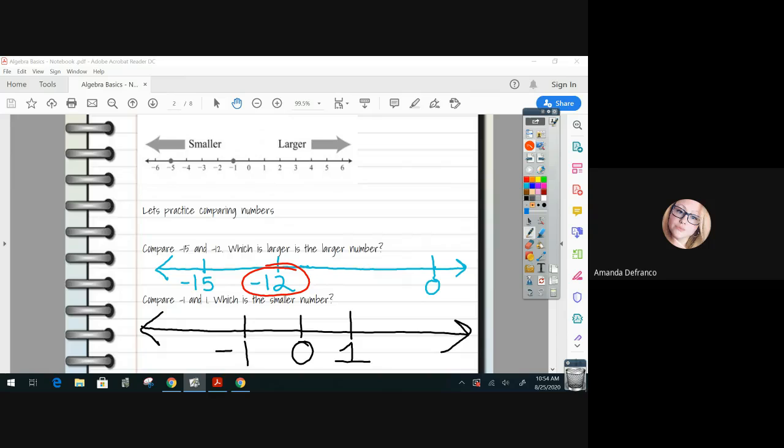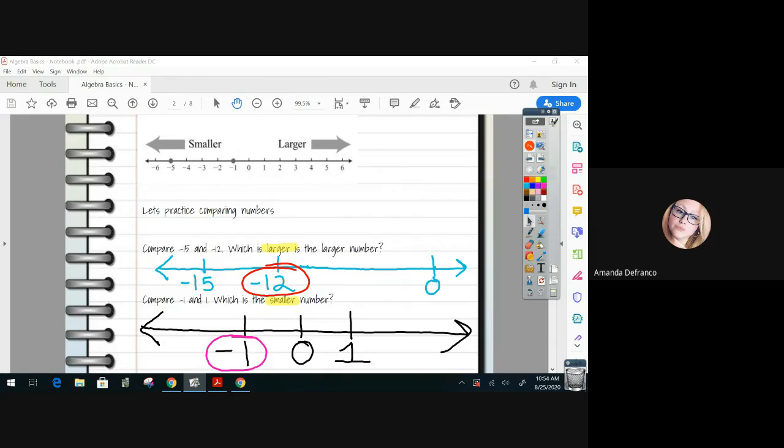Now, the first one asked us to go larger. This one is asking us to go smaller. So if we're going smaller, which one is my smaller number? Remember, least is going to the left. So hopefully you have -1 as your smaller of the two numbers.